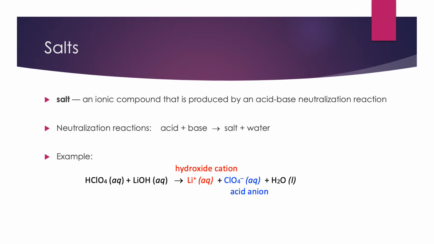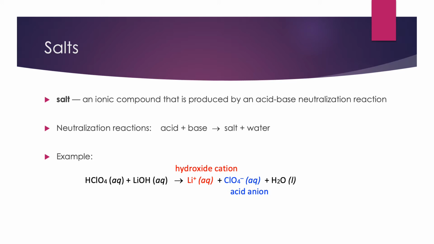Well, the cation of the salt, the lithium plus ion, had to come from the base. That had to be the cation that was attached to the hydroxide in the original mixture. In this case, that's the lithium ion. The anion, the perchlorate ion, is what was combined with protons, or H plus ions, in the original acid.